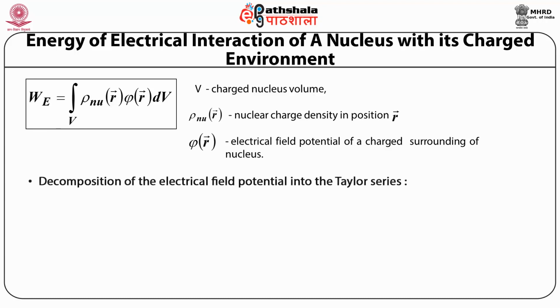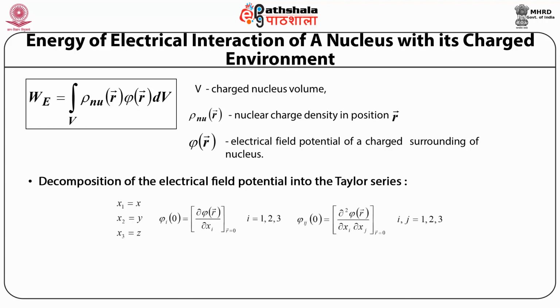If we decompose this electric field potential into a Taylor series at x1 equal to x, x2 equal to y, x3 equal to z, then phi_i is the derivative of phi with respect to x_i at 0, where i varies from 1 to 3, and if we further differentiate, phi_ij is the second derivative of phi with respect to x_i and x_j at r equal to 0, where i and j vary from 1 to 3.